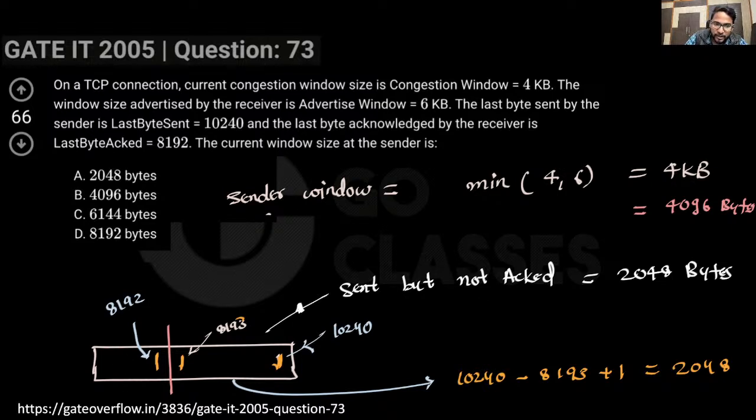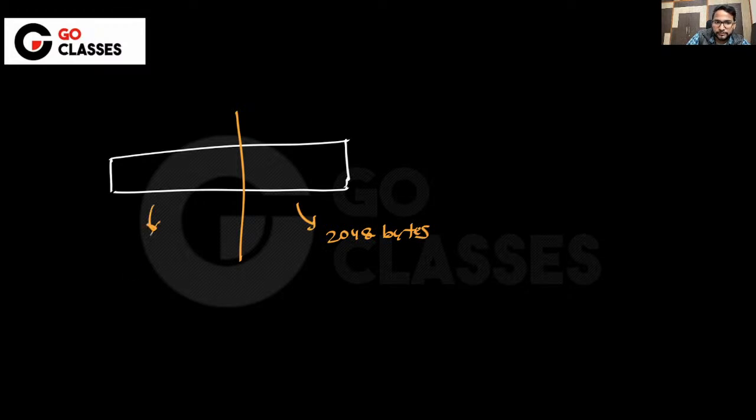Now let's not play with the byte numbers; let me explain with the window size. These are 2048 bytes, these are also 2048 bytes. This is the sender window, so the complete sender window is 4096.